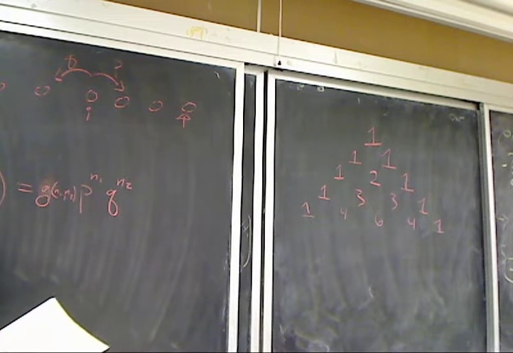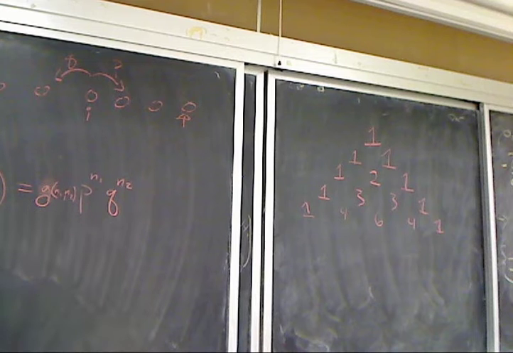And the order that I take the steps in doesn't matter. So if I'm going n steps, there are n factorial ways that I can order those steps.